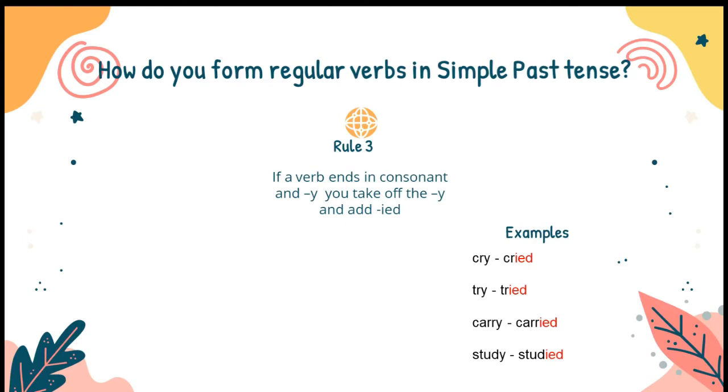If the verb ends in consonant and Y, consonant means except I, E, A, U, and O, so we call it consonant. Yeah, R is consonant, so consonant plus Y, we just put IED in the end of the word.